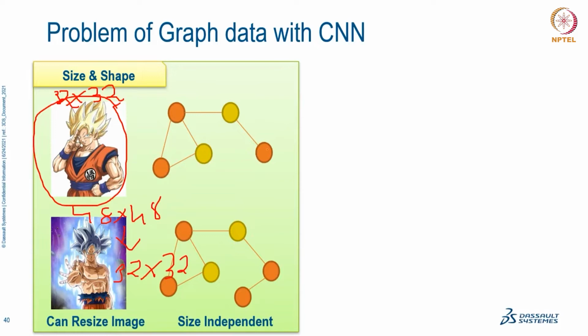We also cannot randomly drop nodes from the input graph, because a node has important features, and dropping it would degrade the structure of the graph, making it a different graph. So graphs should be handled independent of size, but for images and CNNs we have to stick with one size. This is the major problem.